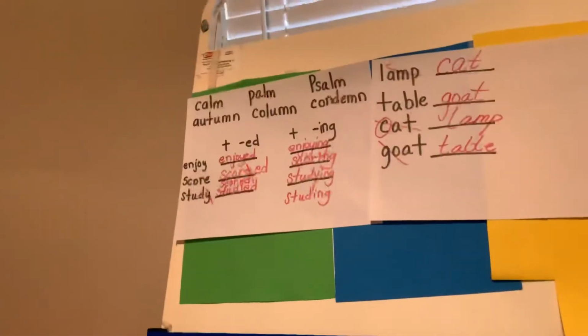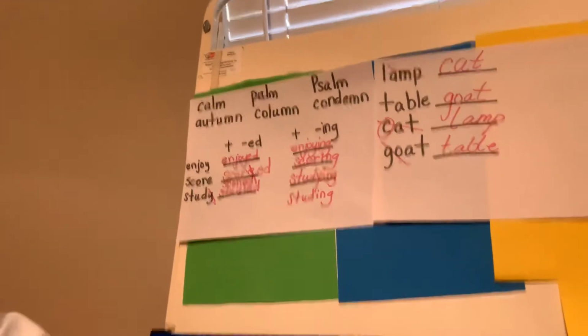Okay, now we'll play a game with prefixes. If I said asleep, what is the prefix? You should have said a-, hyphen. How about all in also? You should have said al-, hyphen.